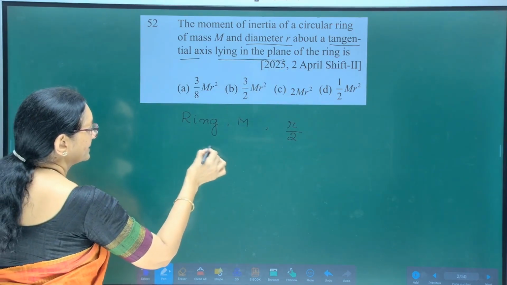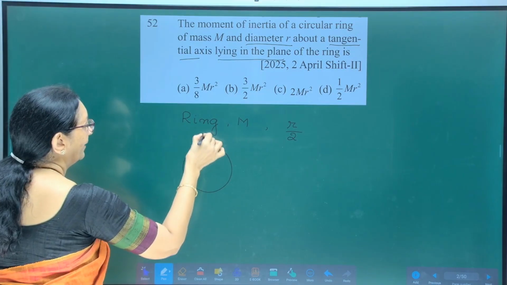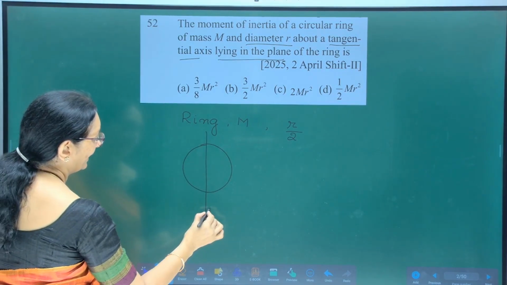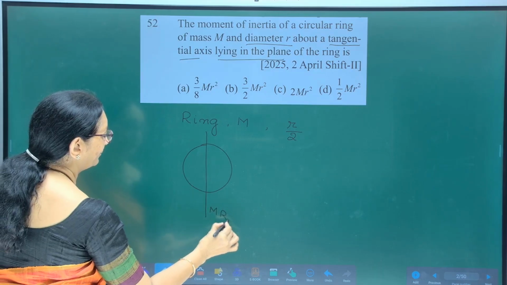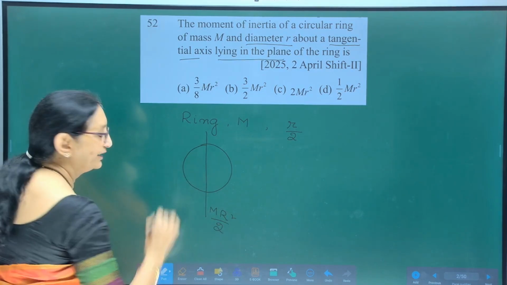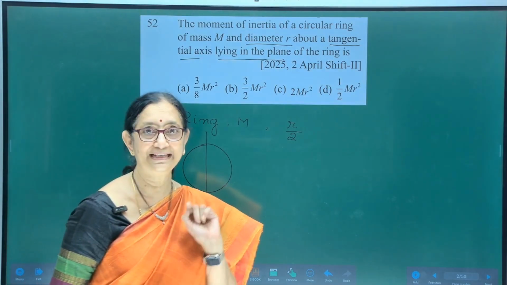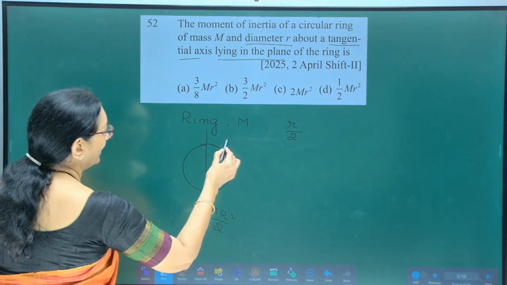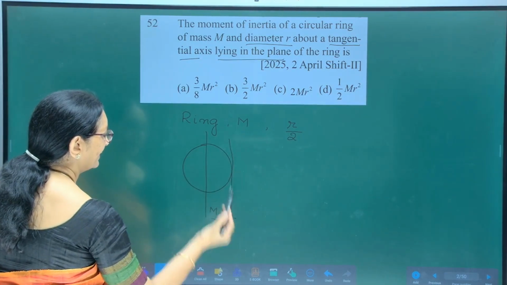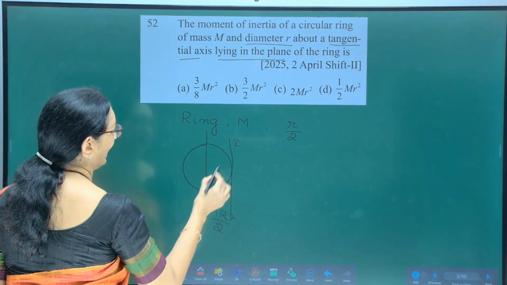Look here, suppose this is the ring, moment of inertia of the ring about any diameter we know is mr square by 2, where r is the radius of the ring. So, about a tangential axis in its plane, this is I.